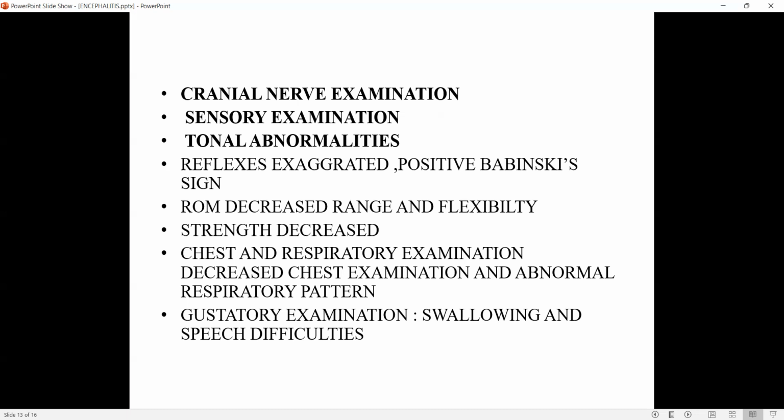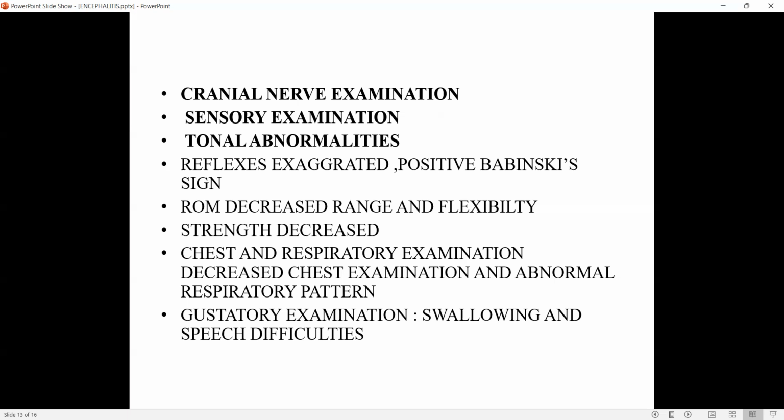And facial, facial muscle movement, the chewing muscles and eyelid closing. Auditory, the hearing and the balance. Glossopharyngeal, taste on the posterior third of the tongue. Vagus, uvula, palatal muscle, and swallowing.